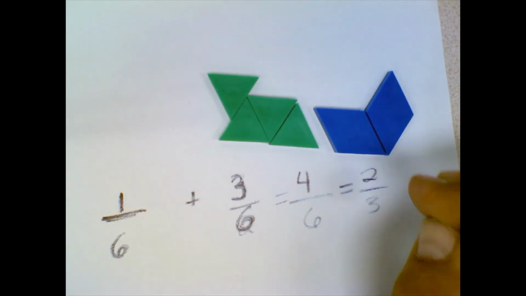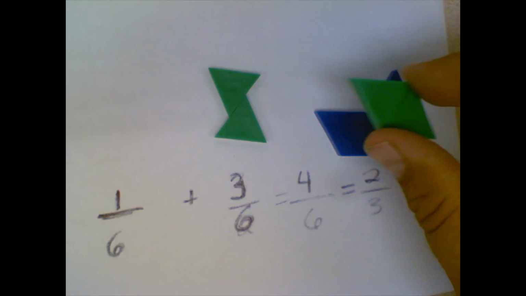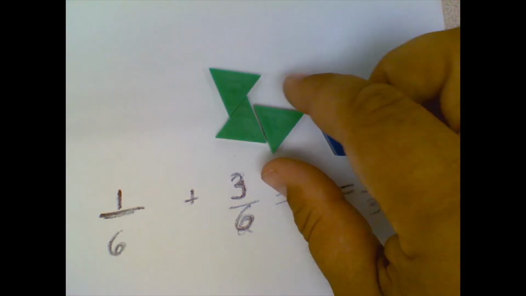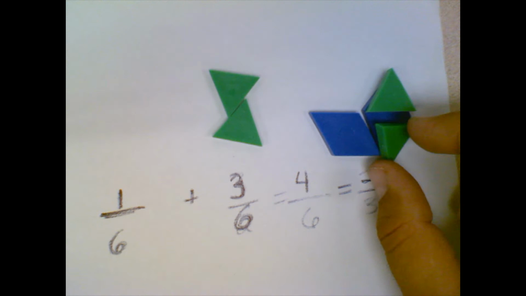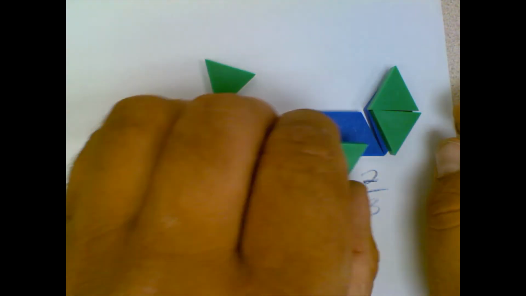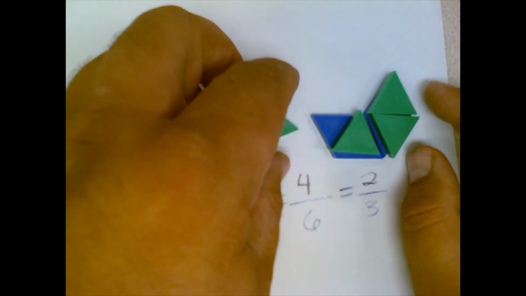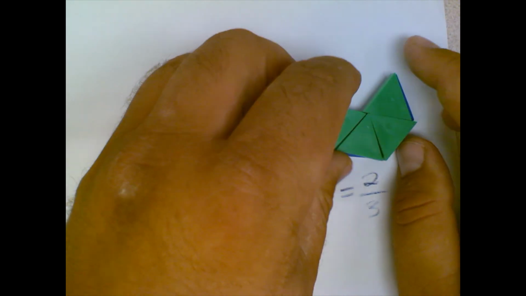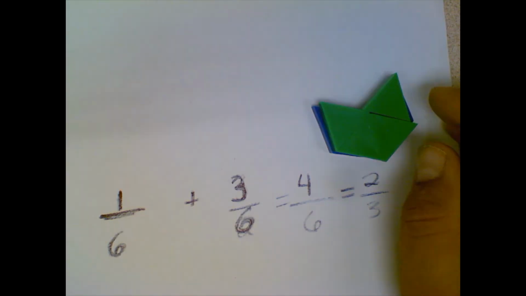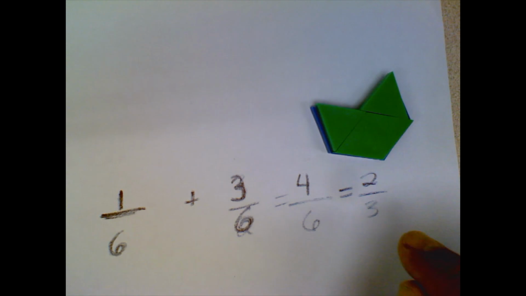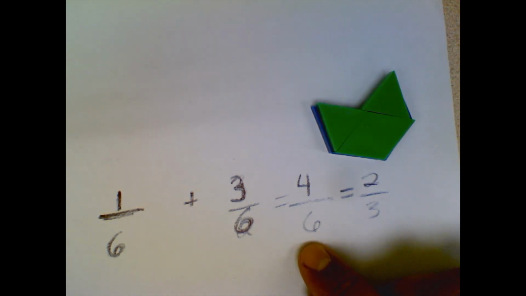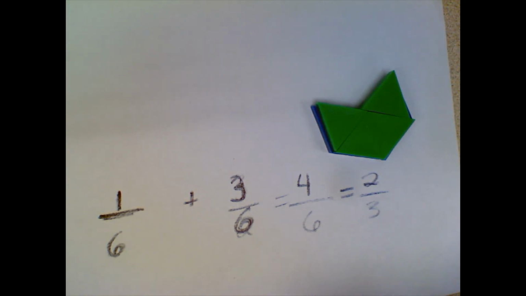The question is, are those areas the same? The only way to find that out is if we put them on top of each other. And it looks to me like we're going to have some success here. So this is a demonstration to show you that 2/3 is the same amount as 4/6. I hope that helped you with a little bit of understanding fractions.